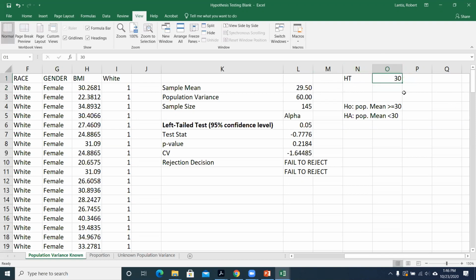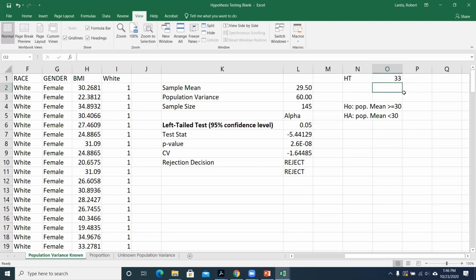That's another thing that's nice about using these cell references. I could just jump from doing a hypothesis test for 30 to 35 pretty quick, and I don't have to redo all the work. And I can narrow down what's the last value that I can reject as the true population mean for BMI in the US. Well, I can reject 34 at the 95% level.